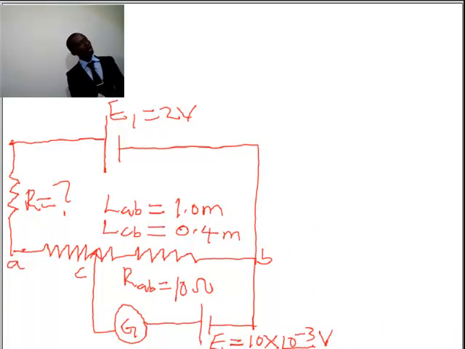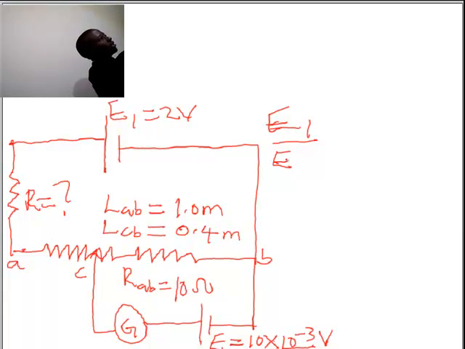Since a potentiometer can also be used for comparison of two EMFs, from this circuit diagram, the two EMFs E1 and E can be expressed as E1 divided by E equals the ratio of their resistances.